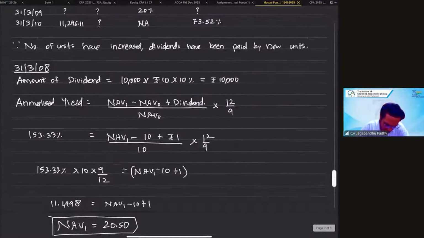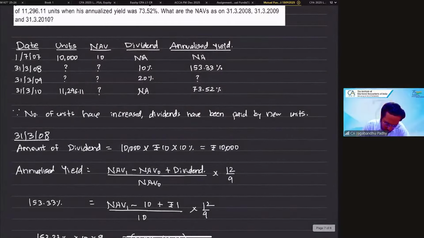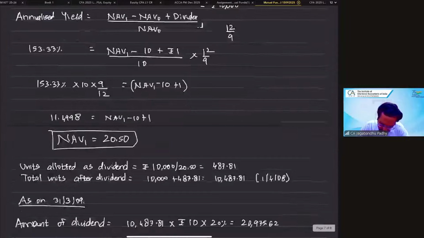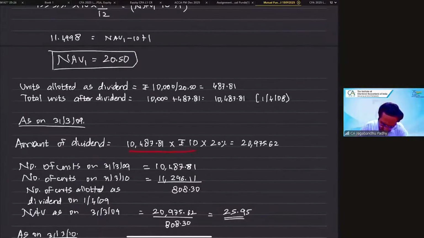Yes, sir. So in this time period, there's a dividend declared at 20%. I think we have calculated that. As for the year ended 31st March 2009, you have a dividend of 20%. That is already considered.